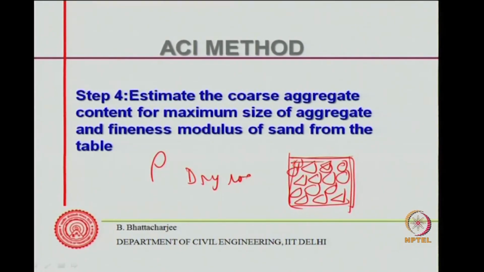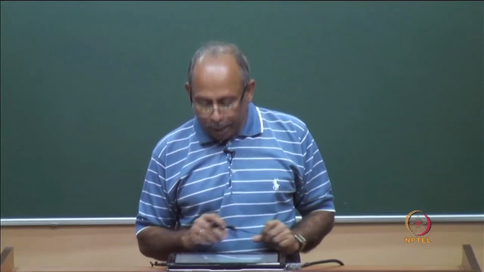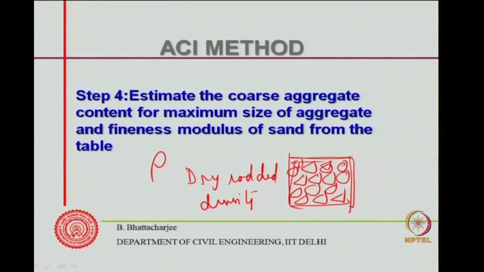So, you know the dry rodded density, that is, the mass in unit volume is known. If I know the volume occupied by the aggregates in the overall volume, then multiplying by this dry rodded density will give me the amount of coarse aggregate present in the overall concrete system.